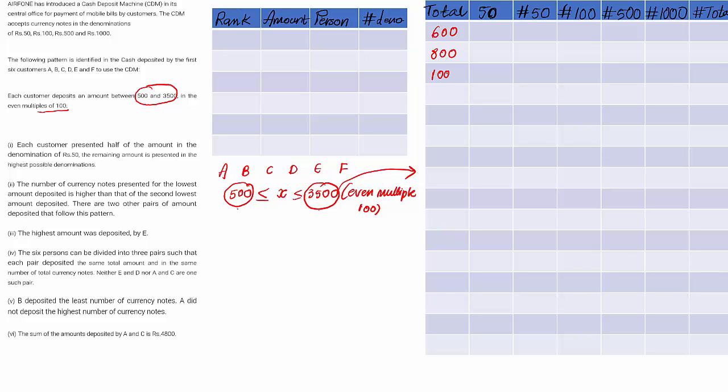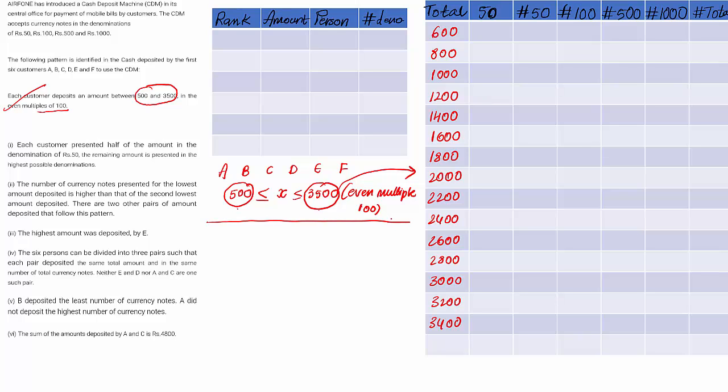This becomes 1000, 1200, 1400, 1600, 1800, 2000, 2200, 2400, 2600, 2800, 3000, 3200, and 3400. That's the information we get from this point, and it has been replicated here. Now let's proceed further from point number 1.